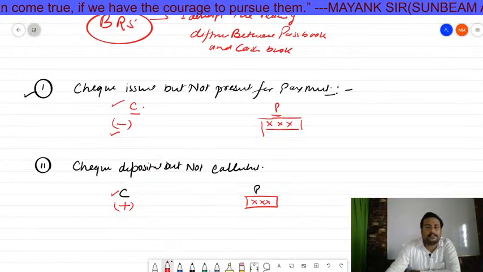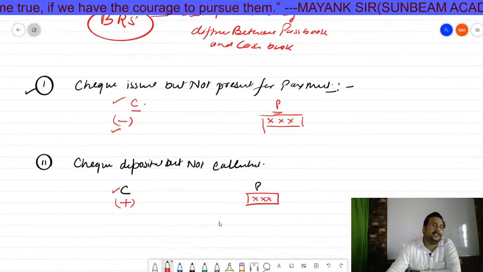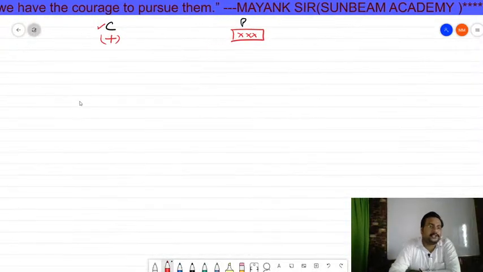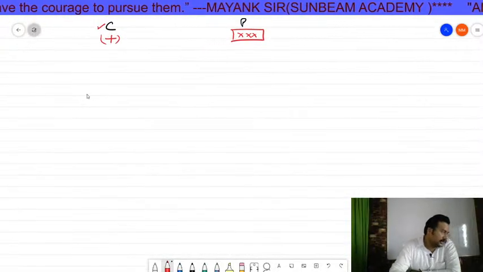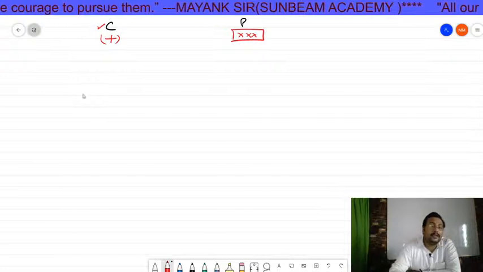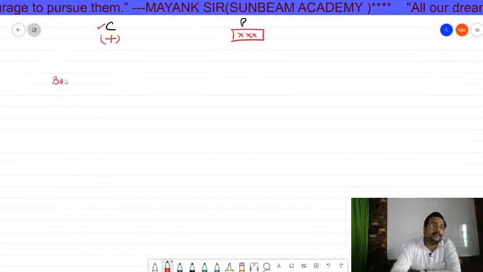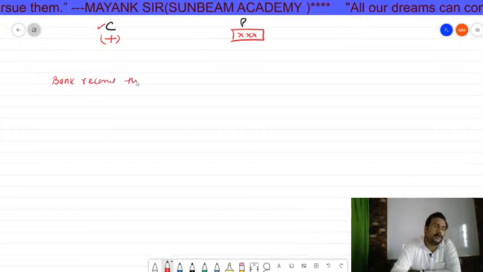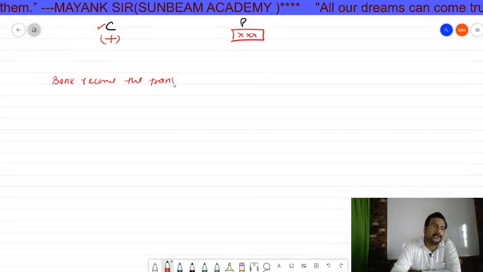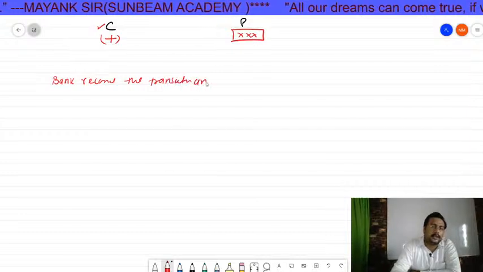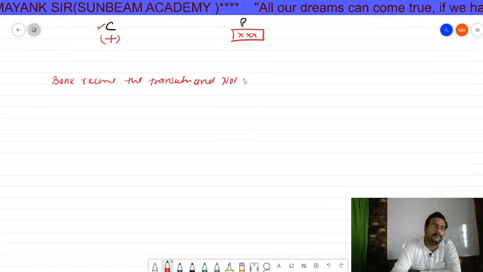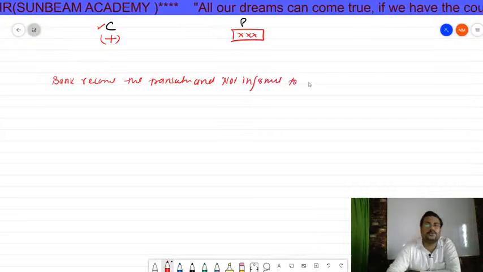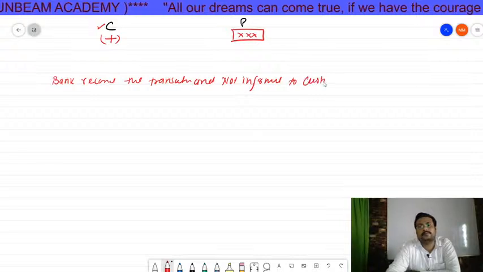Acha, sometimes it also happens that a transaction is only recorded by the bank. The bank records the transaction and does not inform the customer.